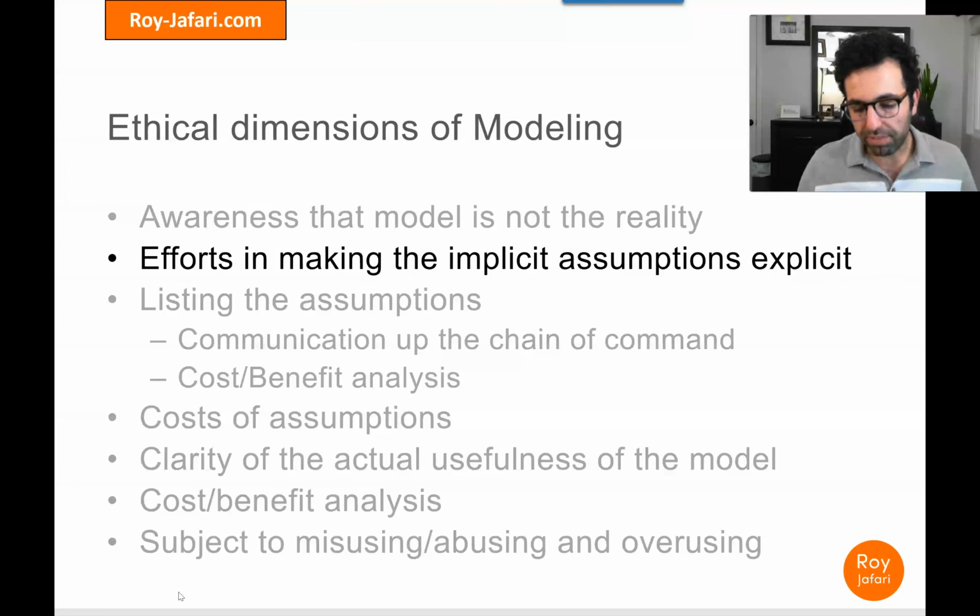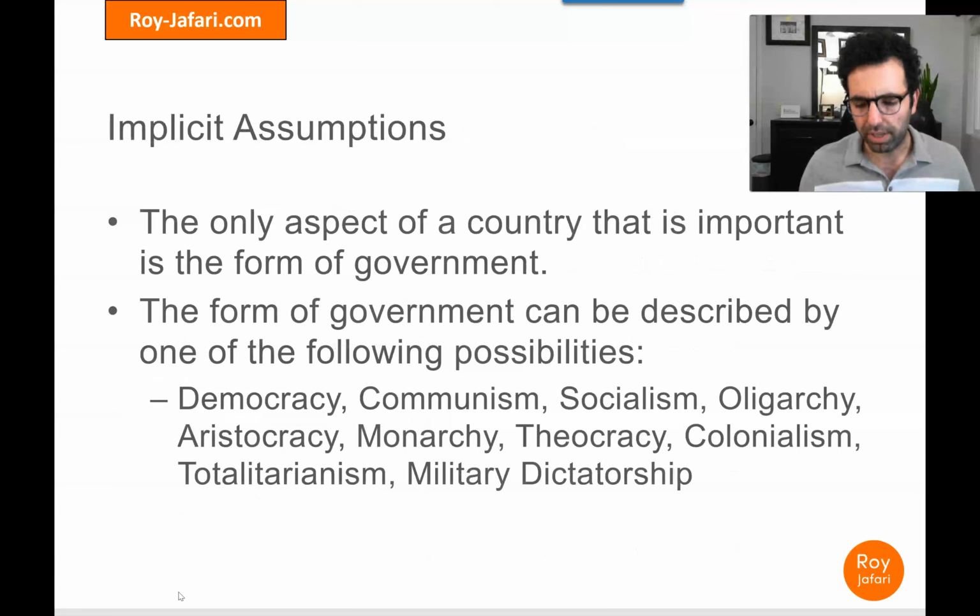The next one is efforts in making the implicit assumptions explicit. So what are some of the implicit assumptions here? For instance, we are assuming that the only aspect of a country that is important is the form of government. The other aspects, such as the major religion, the major language, the history, the geographical understanding, the geology, all of those things do not matter about the country. The only thing that matters is the form of government.